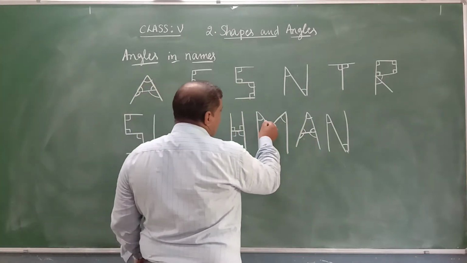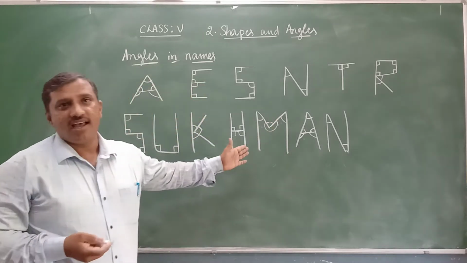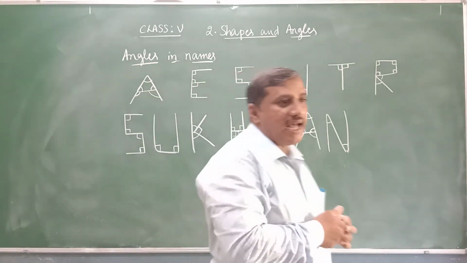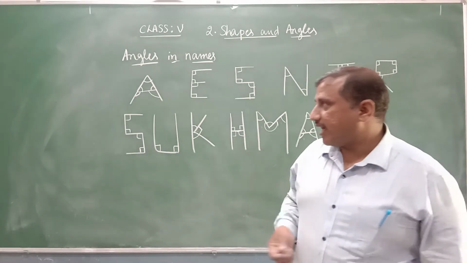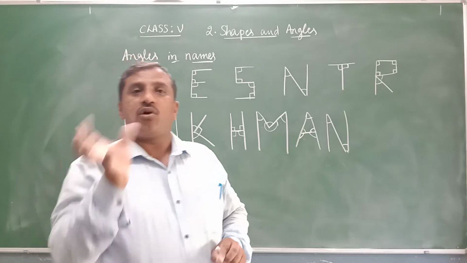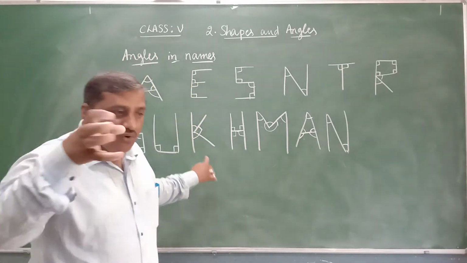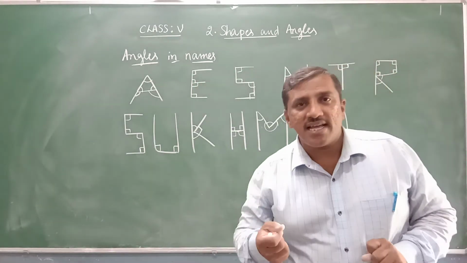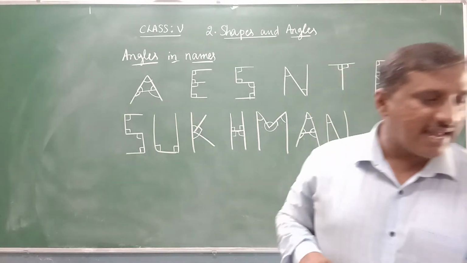Here also, what kind of angle is this? This is a reflex angle. Like this we will find angles even in the letters of our names, and we can identify less than right angles, more than right angles and right angles. How many are there? Like this you also try your name and find out how many right angles, how many more than right angles, and how many less than right angles there are.